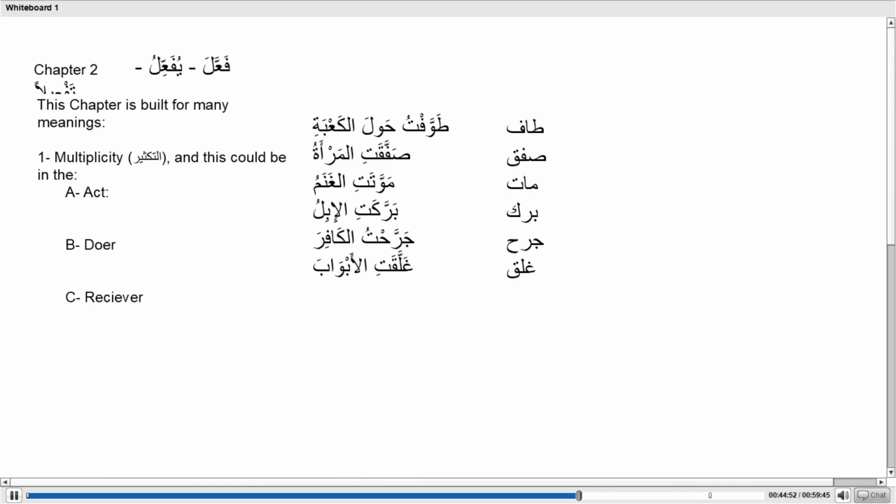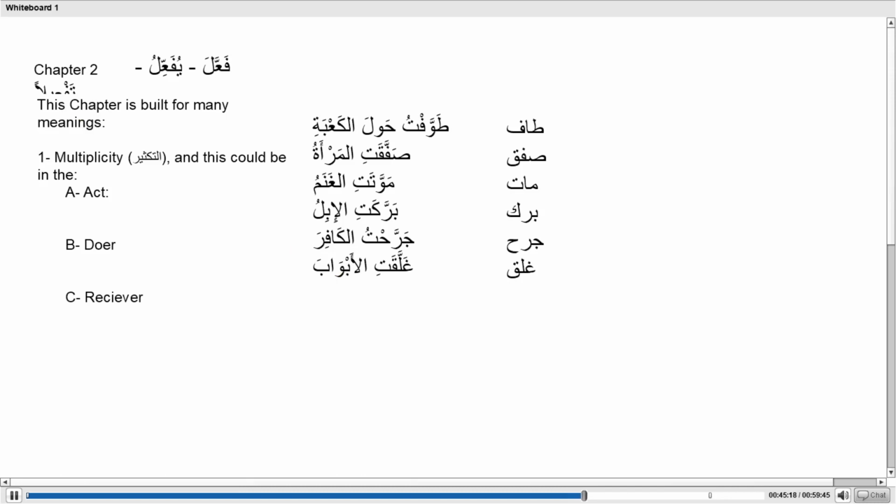Any more questions? Abwab here is plural. Yes, abwab is plural. So will it depend on the context? So when we say قَطَّعْنَ أَيْدِيَهُنَّ, it can mean they cut many times, or it's possible the multiplicity is in the doer. No, here multiplicity is not in the doer. Very good that you reminded us of that one.